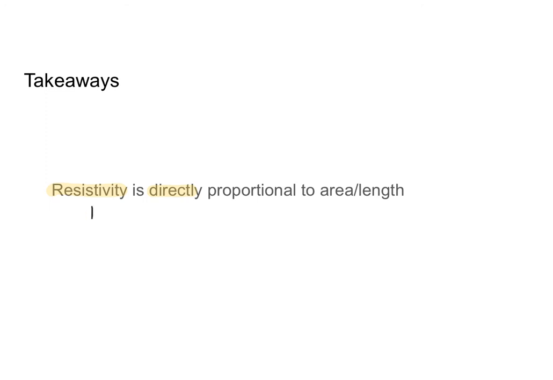So again, our resistivity, rho, is equal to our resistance times our area divided by our length, or rewriting that, our resistance is equal to rho times L over A. So when the length of our wire increases, its resistance will also increase, and it's going to increase in a linear fashion. And when our area increases, our resistivity will decrease.